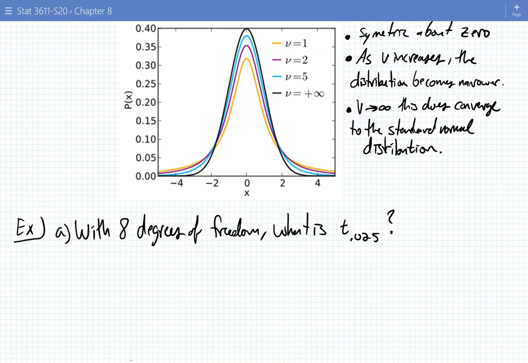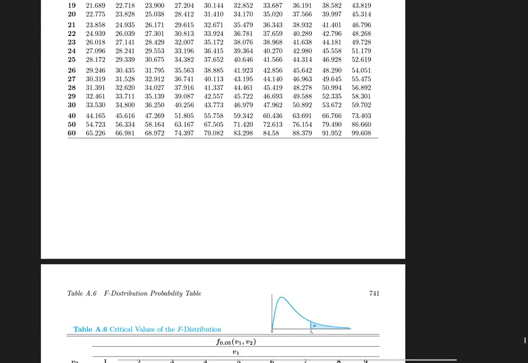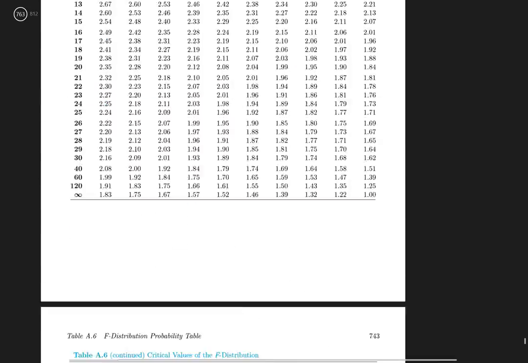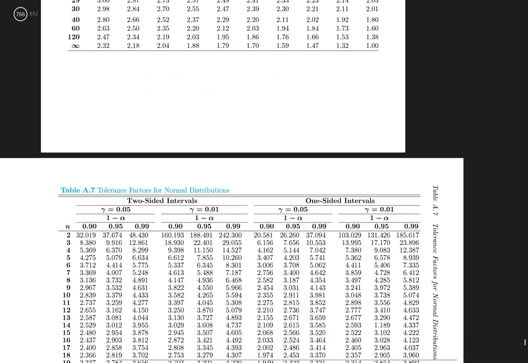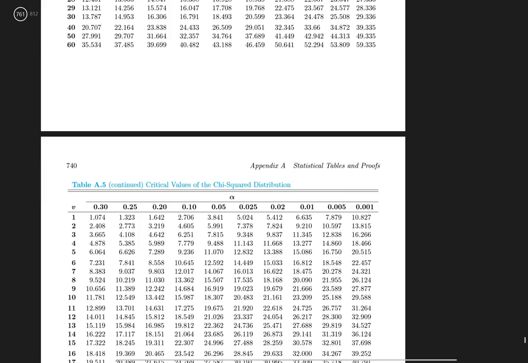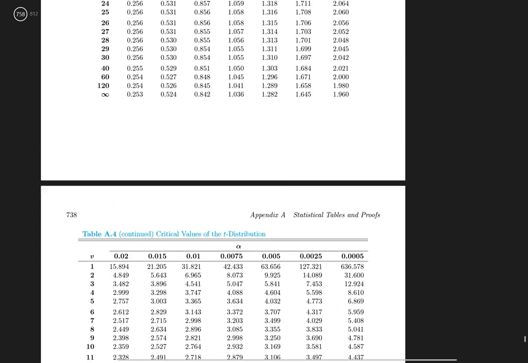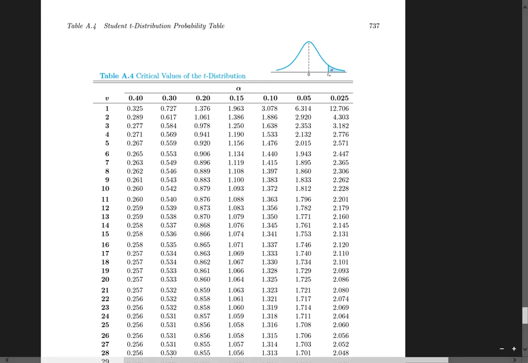Well, sure enough, we can take a look at a table for the t-distribution. Table A4 gives you values of the t-distribution, and you can see the image on the top right there.